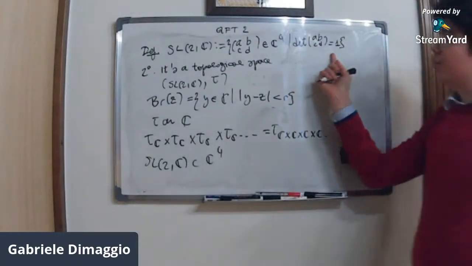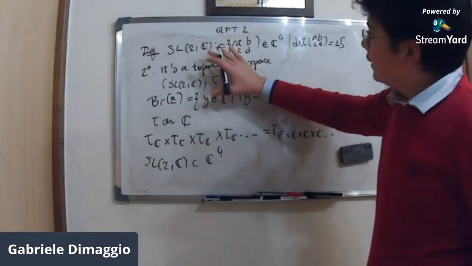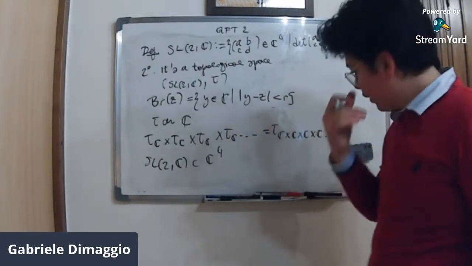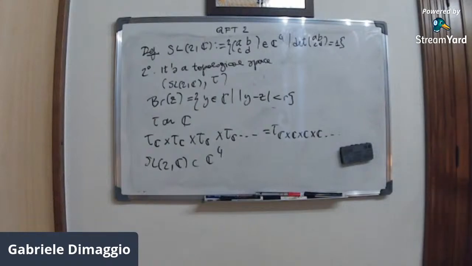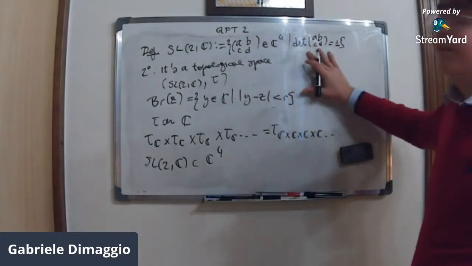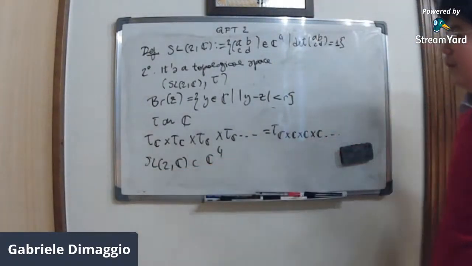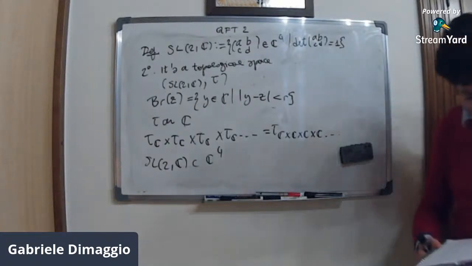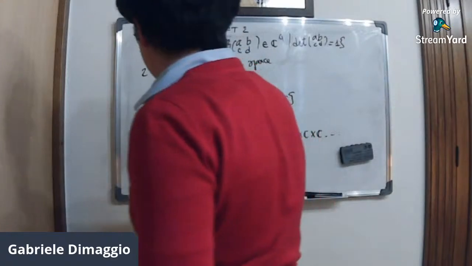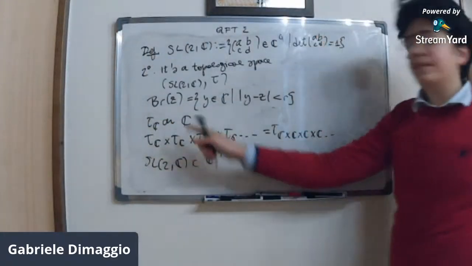So this set doesn't have in itself every matrix in C4, just matrices with this determinant. So SL2C is a subset of C4, and so I can construct, for example, this tau C. This is a topology. Tau C is a topology on C.